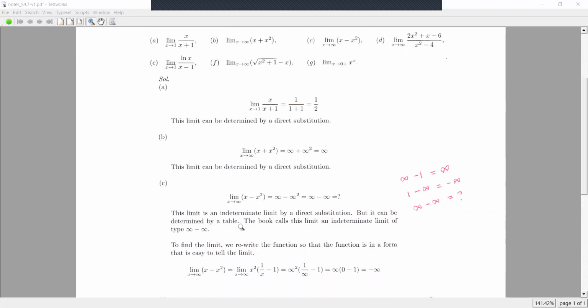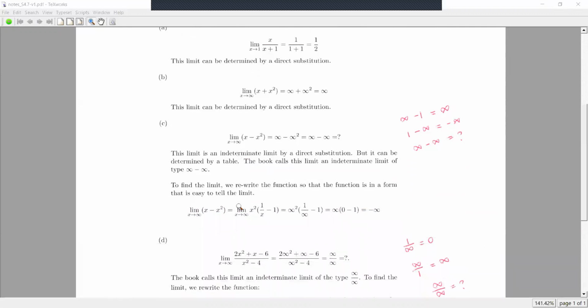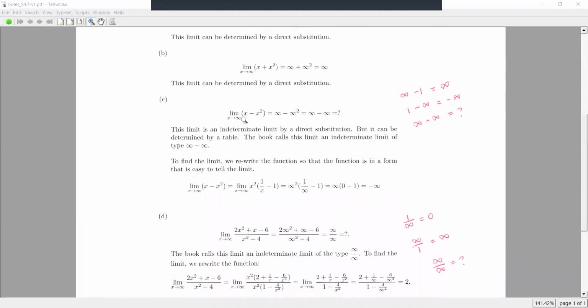Now C, when x approaches positive infinity, what number will this function approach? I try direct substitution. Plug in infinity for x, then I get infinity minus infinity squared. Infinity squared is infinity. So we have infinity minus infinity. But what is infinity minus infinity?